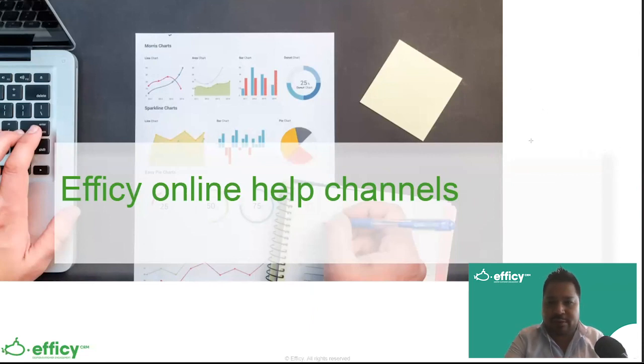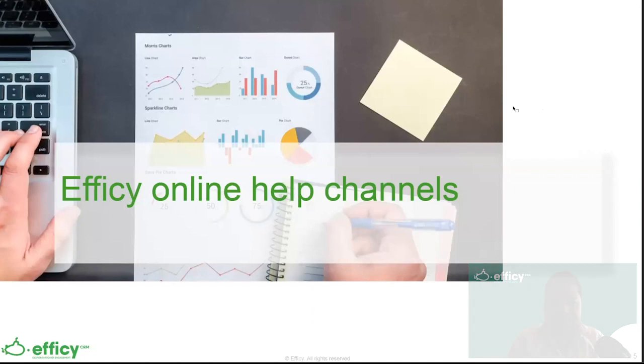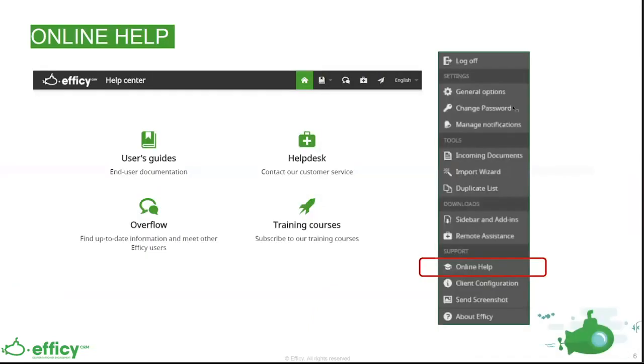Before we start, let's see some things that are always helpful, and that's the online help that we have for you. You probably know it, we have already shown it a couple of times, but it's always good to show it again. The help center is reachable out of your Efficy CRM directly from the drop-down menu. You go to the online help, and there you find the help desk, the user guide, and Overflow, which is a more interactive platform where you can ask questions and other users will try to help you solve your issues.